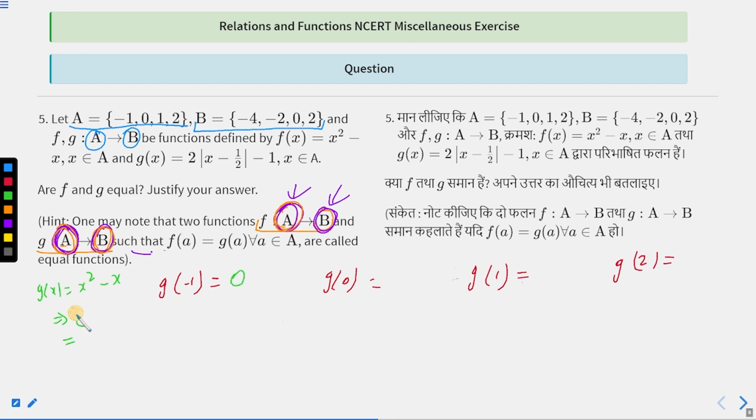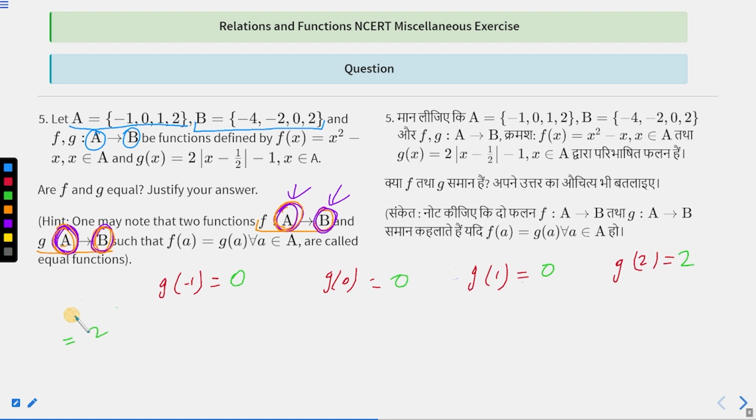What about g(0)? g(0) is 0 square minus 0, it will be 0. g(1) will be 1 square minus 1, which is the same as 0. And g(2), if you can see, 4 minus 2 will be 2. Okay, this is for g.